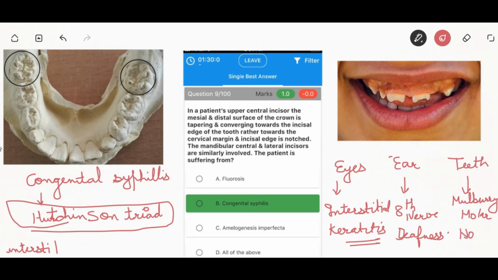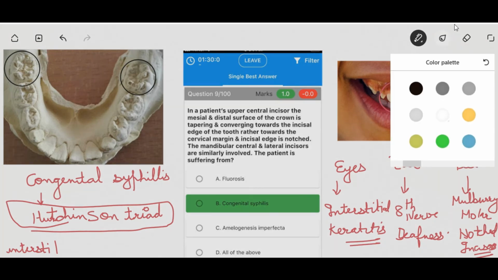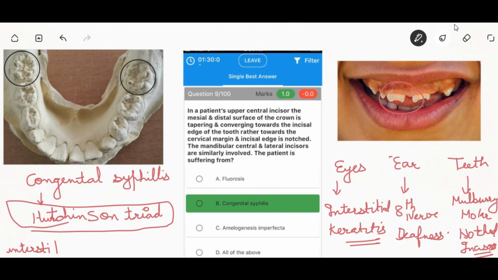It is a serious condition in which blood vessels grow into the cornea. Such growth can cause loss of normal clearness of the cornea. This condition is often caused by infections. And last, when the teeth are involved, you will see mulberry molars and notched incisors.